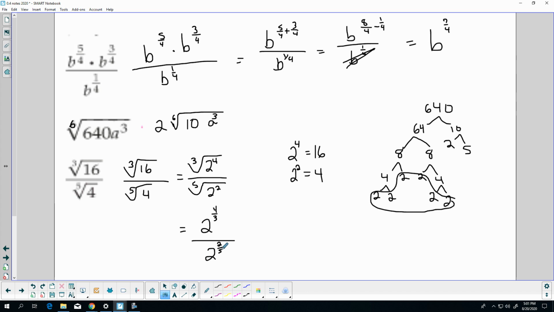They have the same base, and I'm dividing, which means I subtract. So it's going to be 2 to the 4/3 minus 2/5. I need to get a common denominator. My common denominator is going to be 15. So multiply that by 5 over 5.